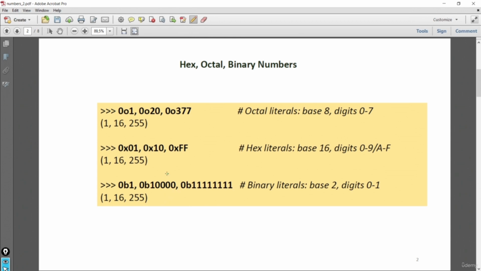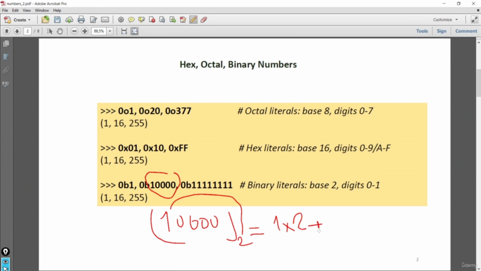How do we convert such numbers to their decimal equivalents? For instance, for this one, we have 4 zeros. Our base equals 2. Each digit is multiplied by the base. We have 4 zeros here.